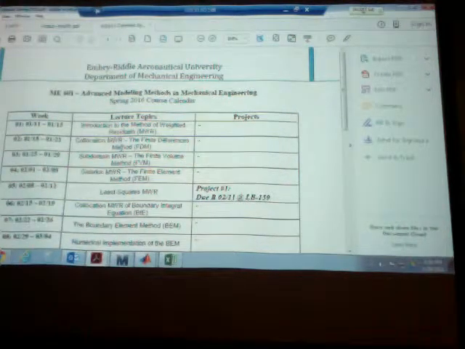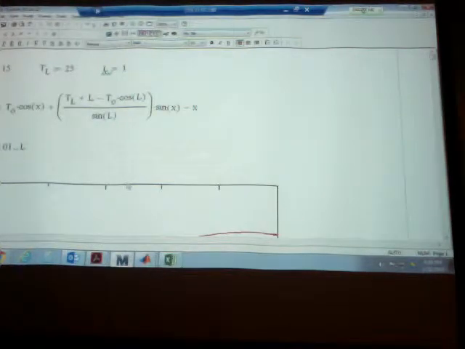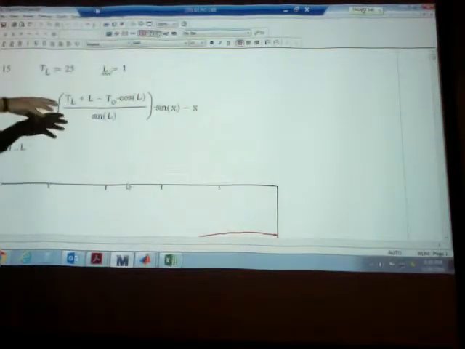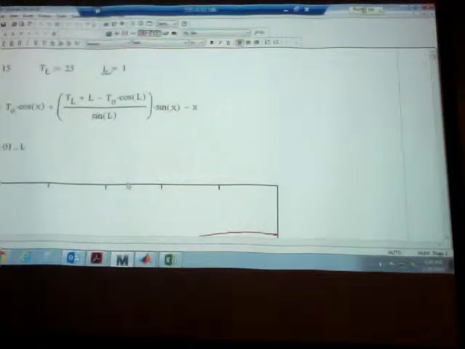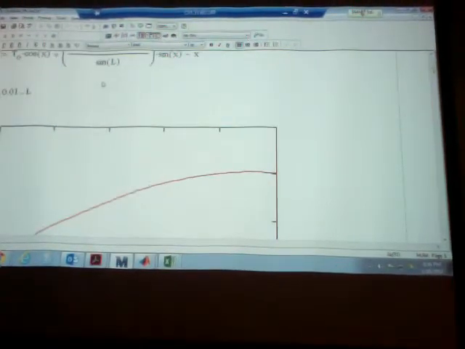All right, so let's go to MathCAD. So we're essentially looking at the same problem, where the exact solution is a cosine-sine combination, and the exact solution for this particular problem, where temperature on the left is 15, temperature on the right is 25, and the length is 1, looks like this.